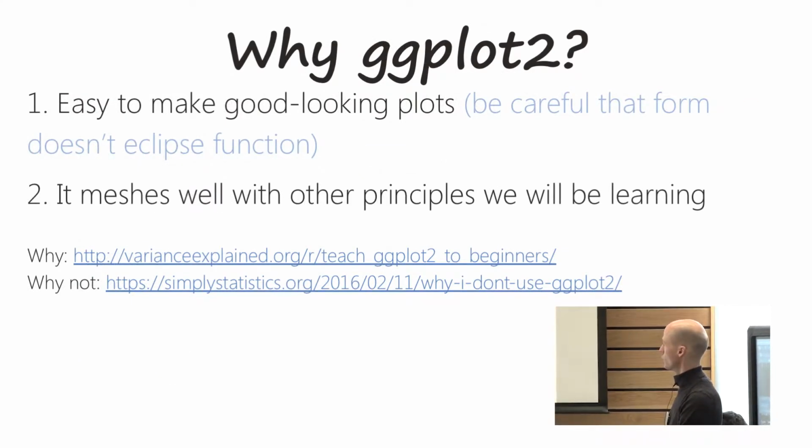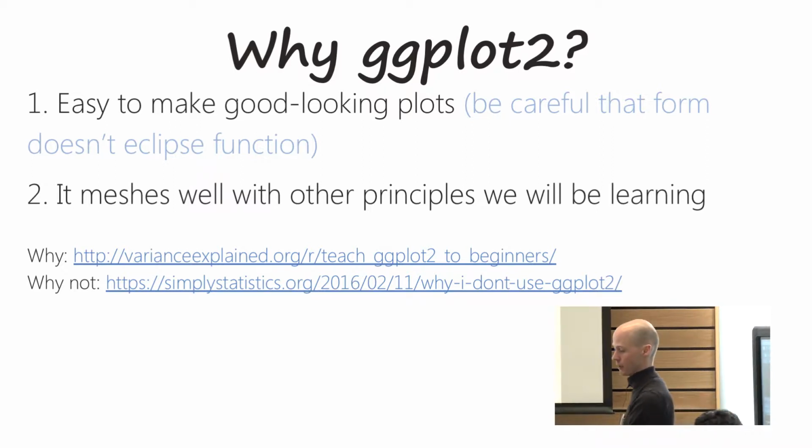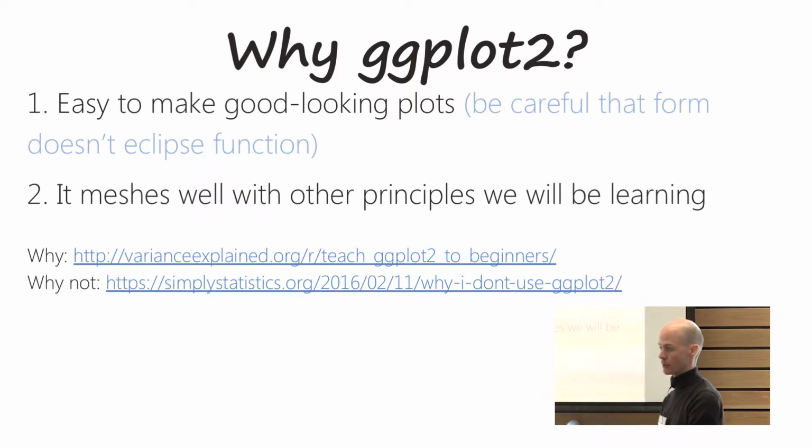Number one, it's pretty easy to make good-looking plots straight away. Although I've included arguments for why I should be teaching ggplot first without looking at other systems, or why I shouldn't be.